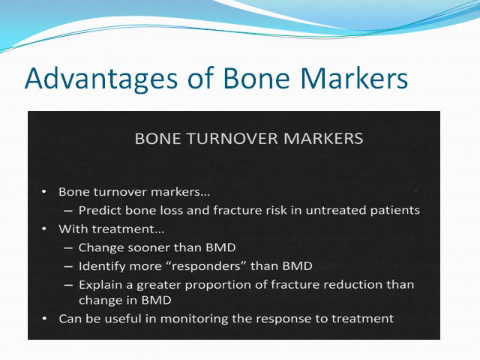So reducing bone turnover is an important strategy in reducing risk for fracture. And the bone turnover markers can be useful in monitoring the response to treatment as well, whether it's treatment with bisphosphonates or drugs like Forteo.